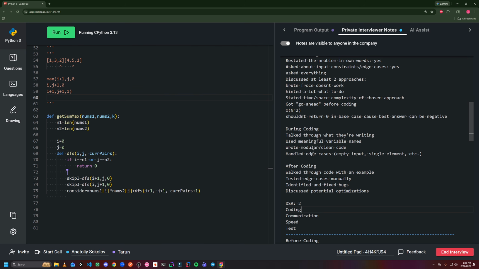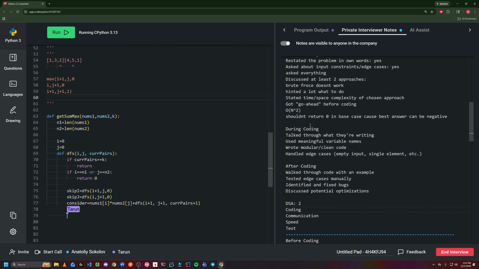I also need to check if current pairs should be less than k. I need to prune that tree: if current pairs has already reached k, then I can just prune it, because we need to get the maximum.